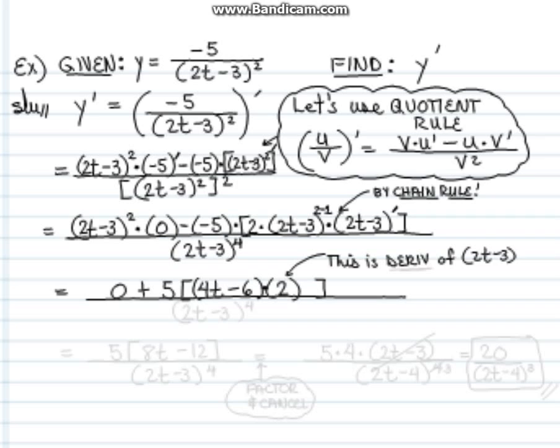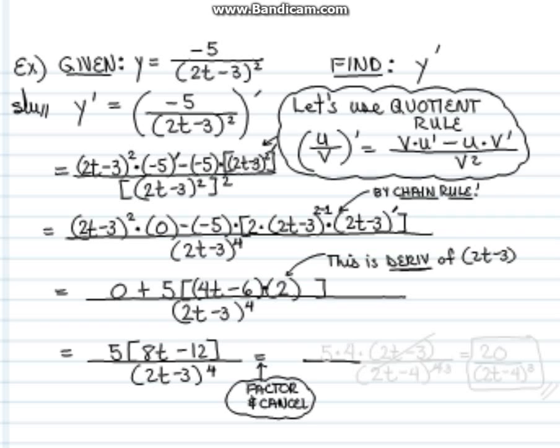And now we'll drop that 0. We'll distribute the inner 2, and we get 5 times (8t minus 12) over the denominator (2t minus 3) to the fourth, which is 5 times 4 times (2t minus 3). See, I factored out a factor of 4, and then I'm going to cancel common factors.